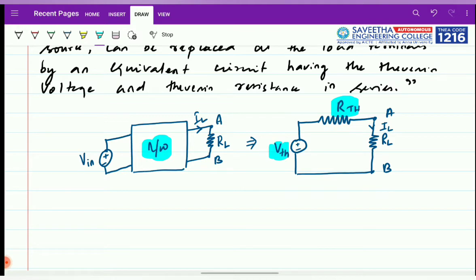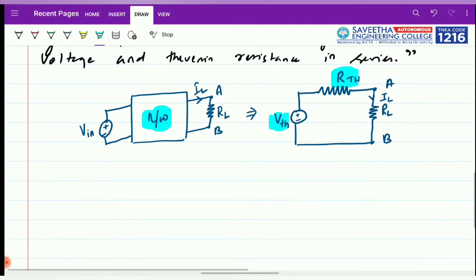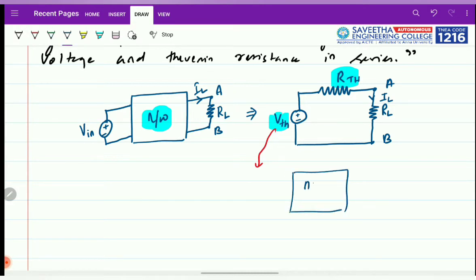And VTH is nothing but the voltage drop across the load terminals when the load is not there, that is, the open-circuit voltage. I would further explain it this way. Your VTH is calculated using the network circuit, where we have an input voltage here, and VTH is the measure of the voltage across the load terminals A and B.